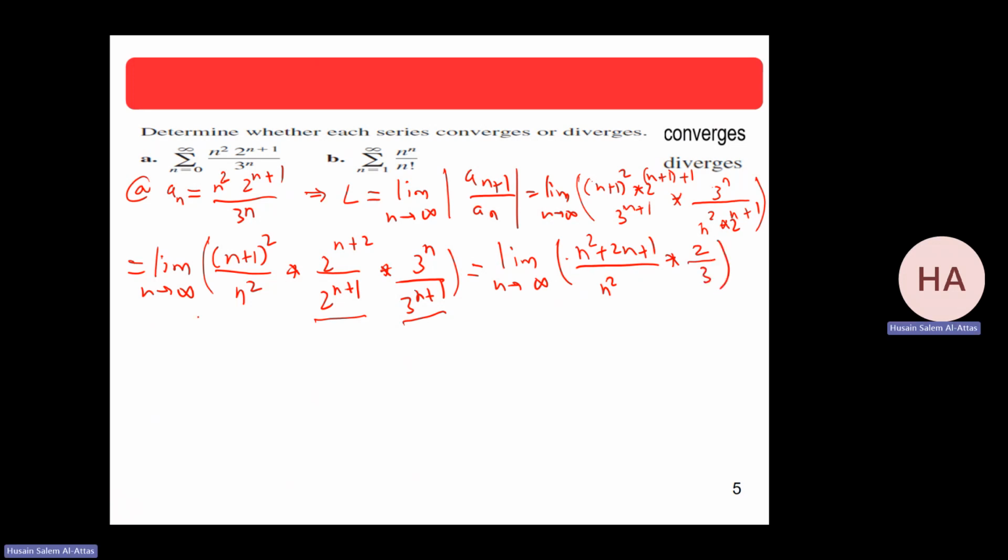So this limit will be what? Same degree, so you have 2 over 3. So this series converges absolutely.